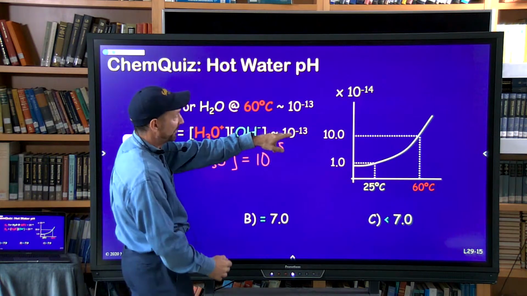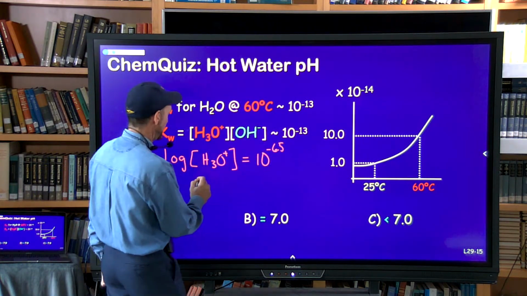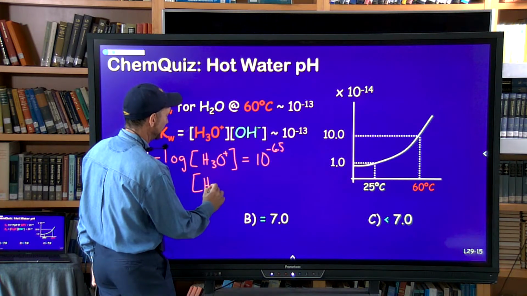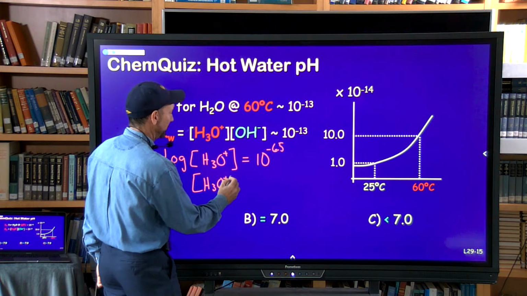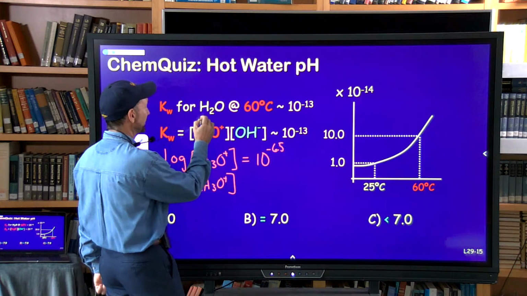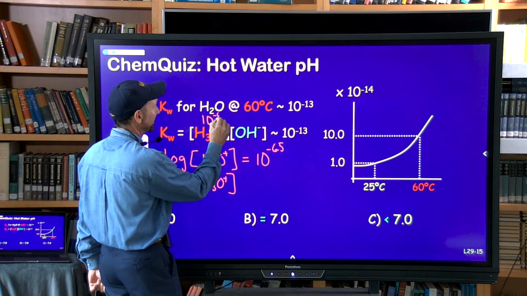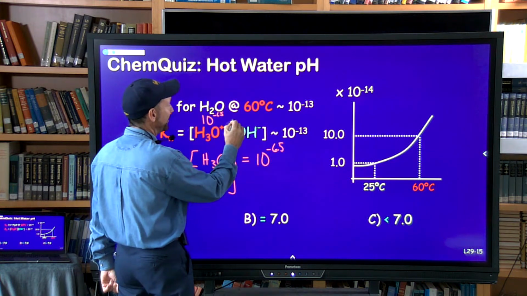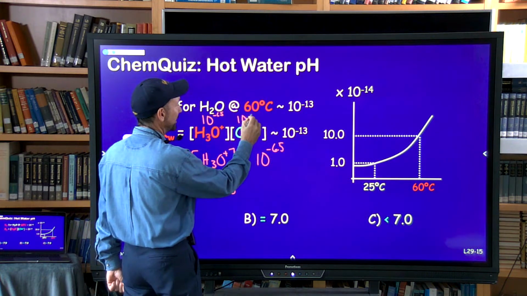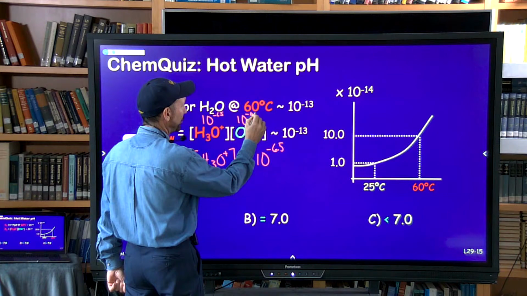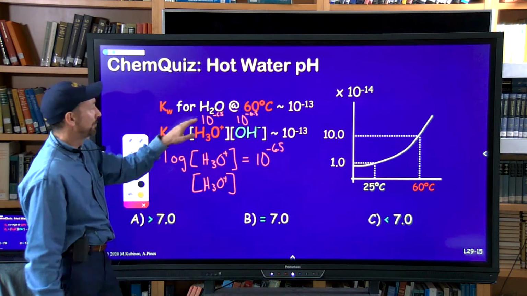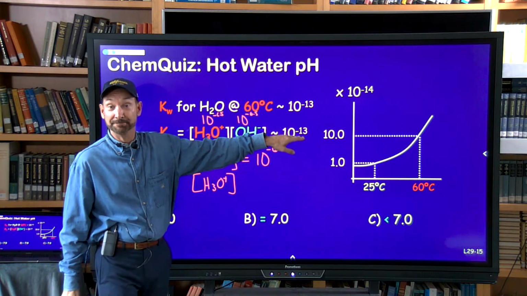I know because the product H₃O plus times OH minus, if this is 10 to the minus 6.5 and this is 10 to the minus 6.5, the product of those is 10 to the minus 13.